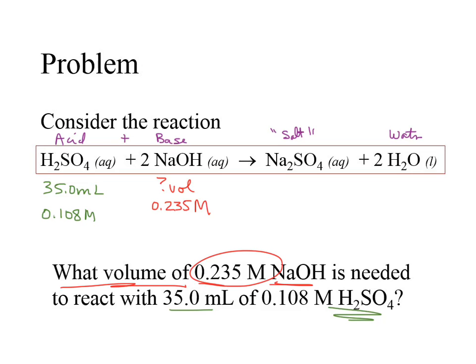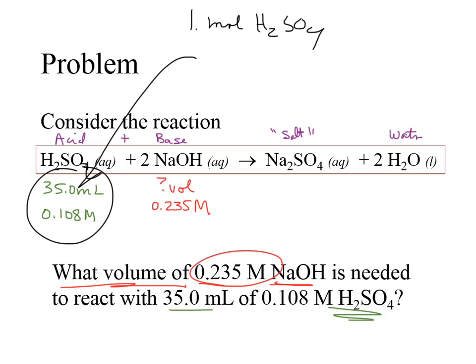I like doing it this way because it kind of hits you over the head how you can proceed to do this problem. Do you see where, of the two reactants, H2SO4 and NaOH, we know more about the H2SO4? So you're going to see me work this in steps. The first step is to come up with moles of H2SO4 using that information.